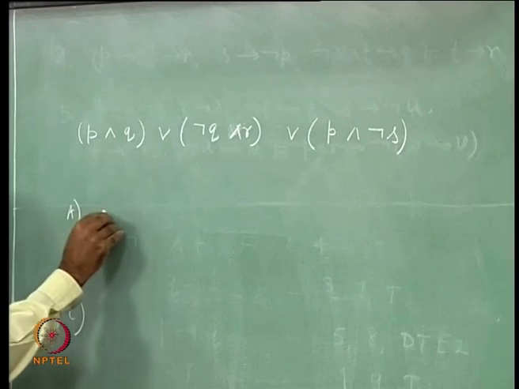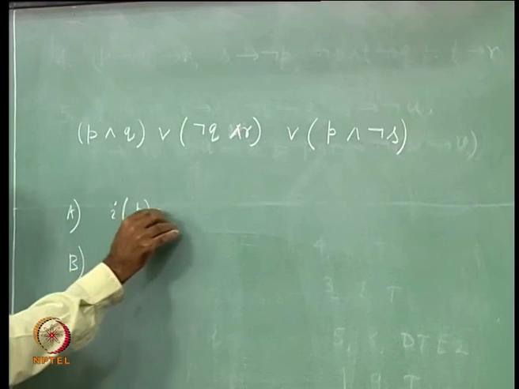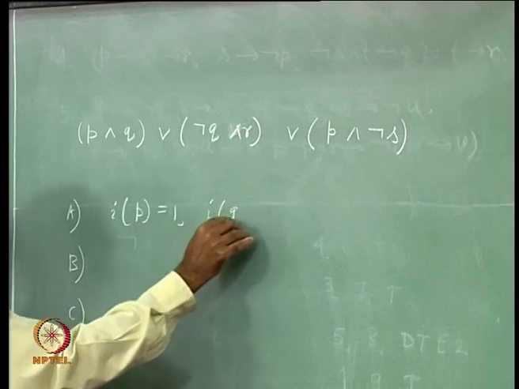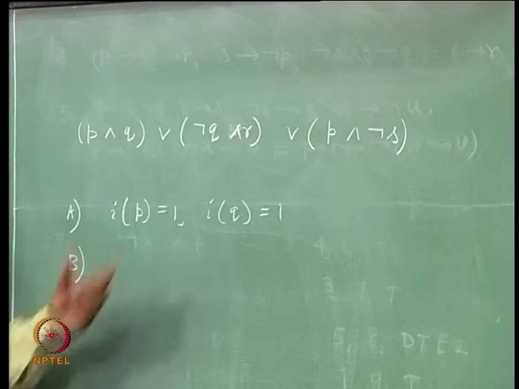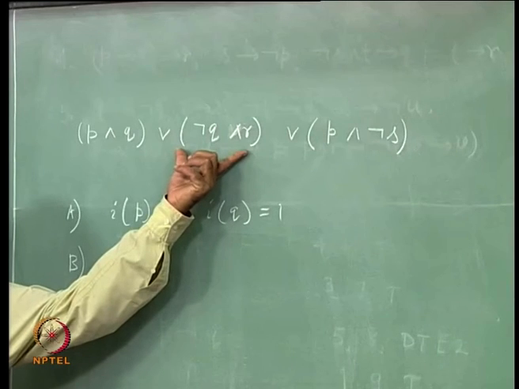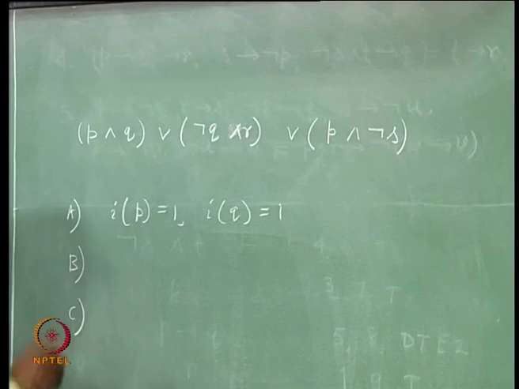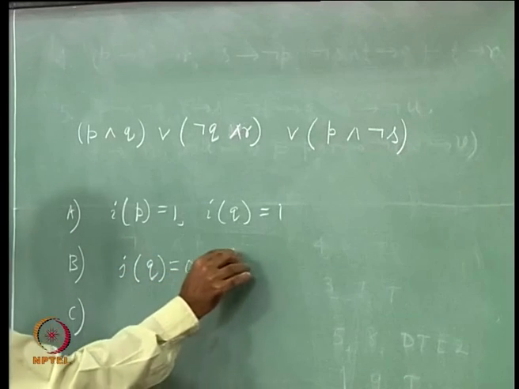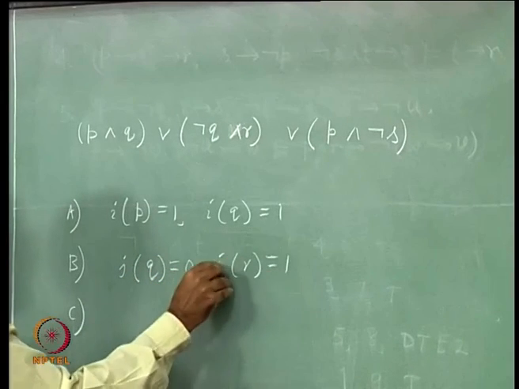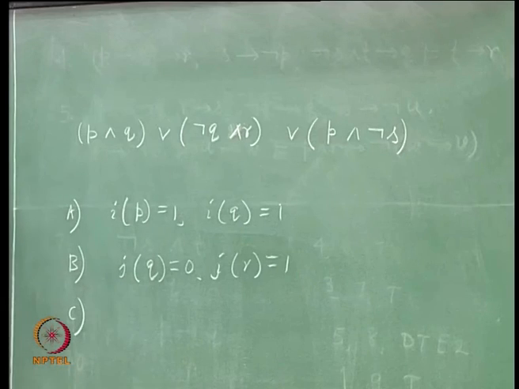So, one possibility says P must be 1 and Q must be 1. In that case, the proposition becomes 1, and the other possibility is when not Q is 1, R is 1. So, we say Q is 0 and R is 1, okay.